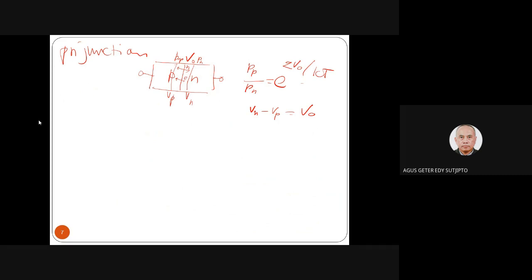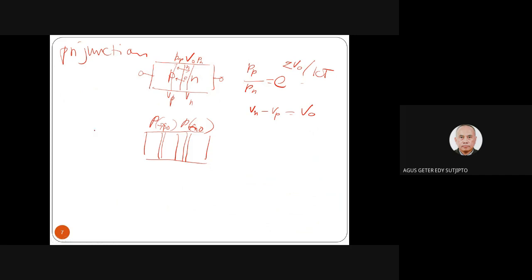Now, when we apply the voltage, the concentrations at minus xp0 and at xn0 will change. So this is the change.